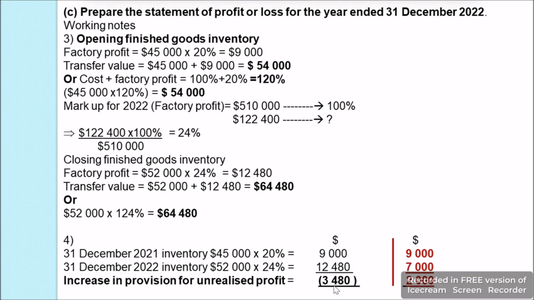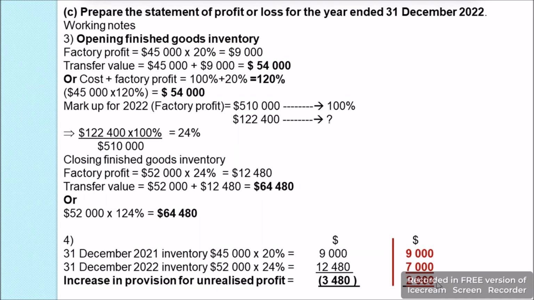Just as an example, if the case is opposite to this, that is, the opening factory profit was 9,000 and the closing was 7,000, that means this 2,000, which will be the decrease in the provision for unrealized profit, is the amount which we have already earned, and this will be added to the factory profit in our statement of profit and loss.